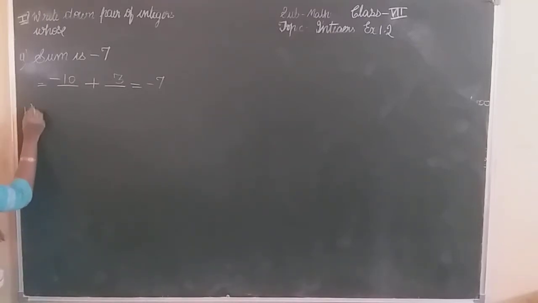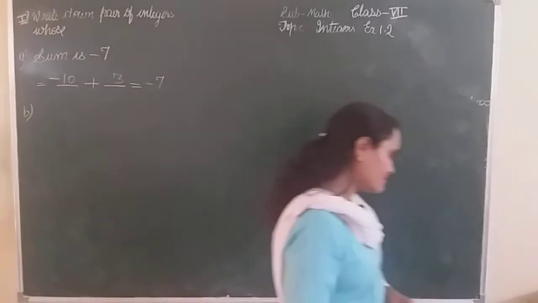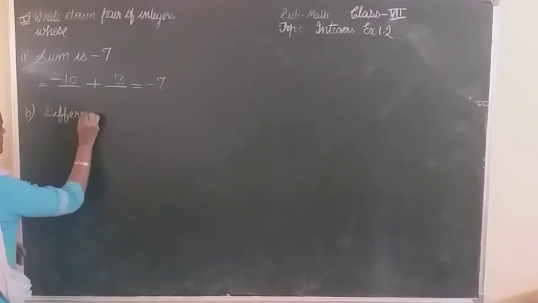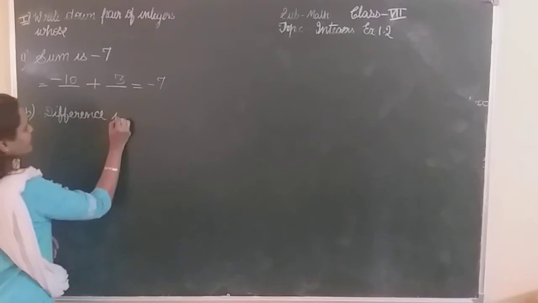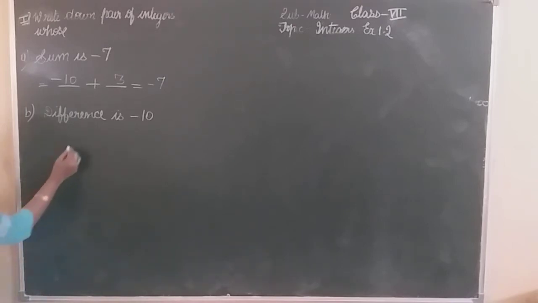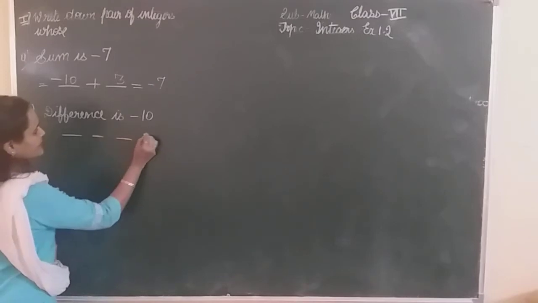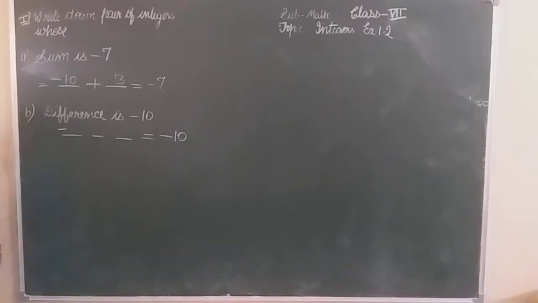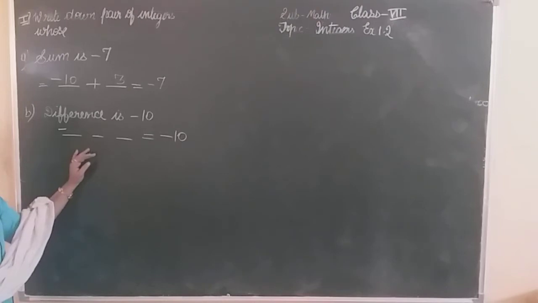The second one, the difference is -10. Difference is nothing but subtraction. So a number minus a number gives you -10. Any big number which has the minus sign, minus into minus is plus, so the two numbers when you add give you 10.